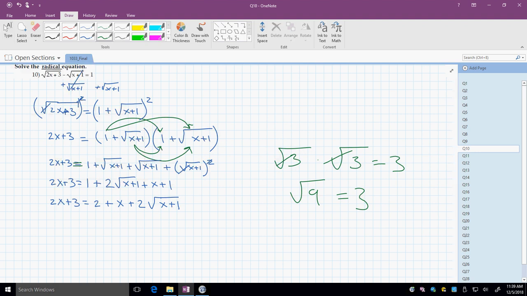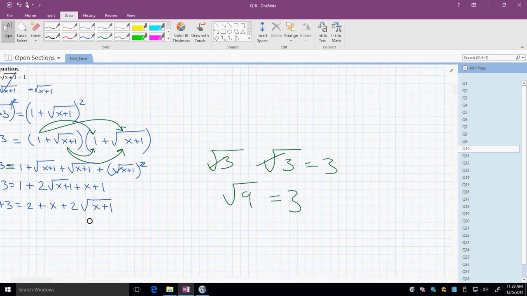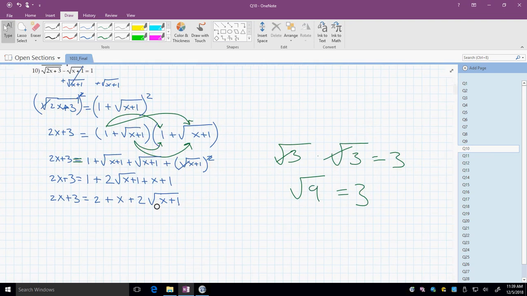So this one got canceled. Now what I'm trying to clean up is the stuff that is around. I have the 1 and the 1. I combine it, now it's 2. I have 2 square root of x plus 1 here. And the x, I rewrite it. What I'm going to do now is move those 2 to this side. I'm going to leave the square root by itself on one side.